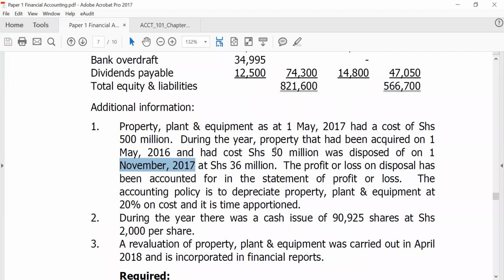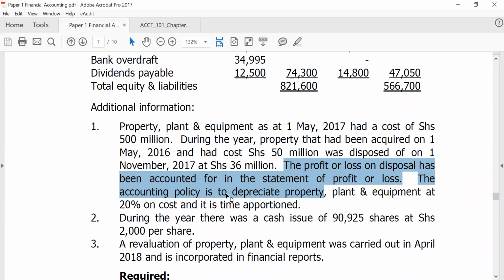So there was a disposal, and disposal proceeds are usually a cash inflow under investing activities. I'm going to share with you the format, so you're going to be able to see that. The profit or loss on disposal has been accounted for in the statement of profit or loss.